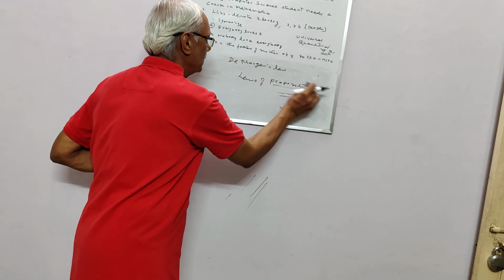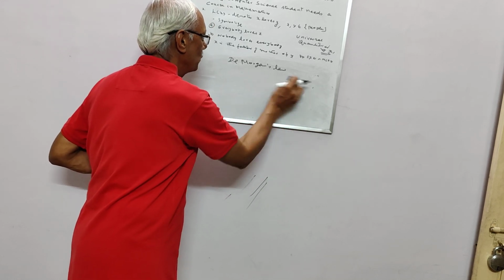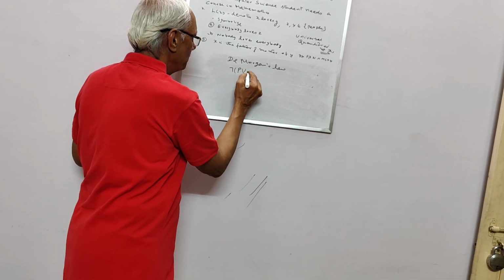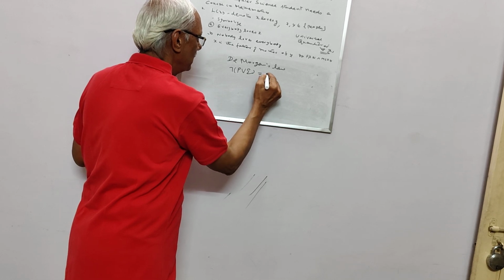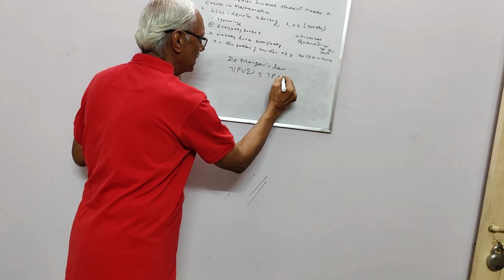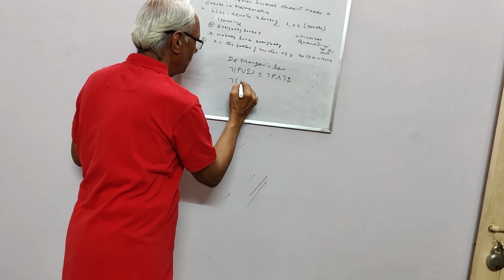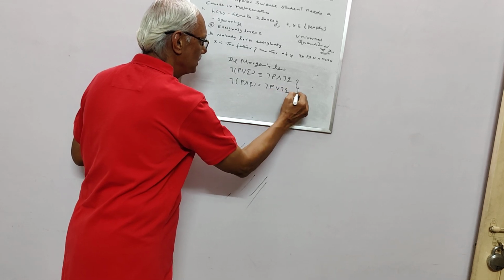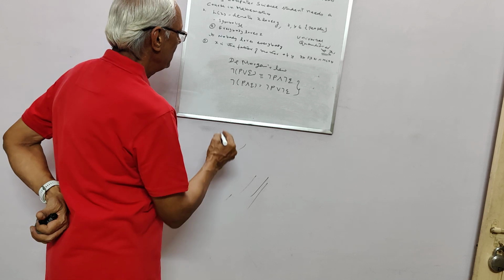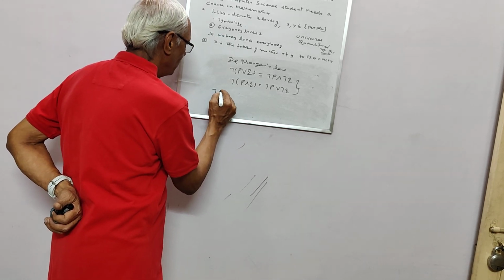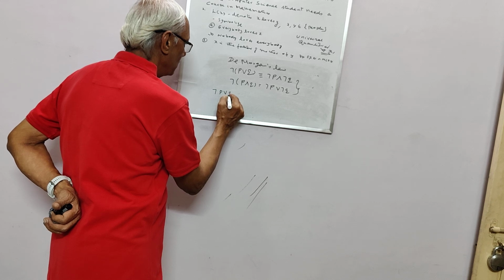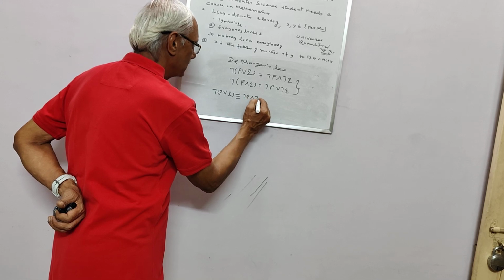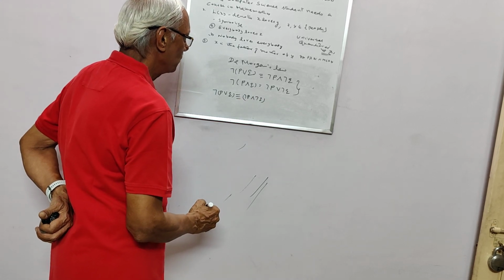Now, De Morgan's law. I taught you like this: negation of P conjunction Q is identically equal to negation of P disjunction negation of Q. And negation of P disjunction Q is identically equal to negation of P conjunction negation of Q. So this is what we have.